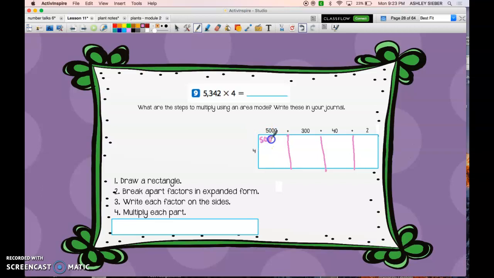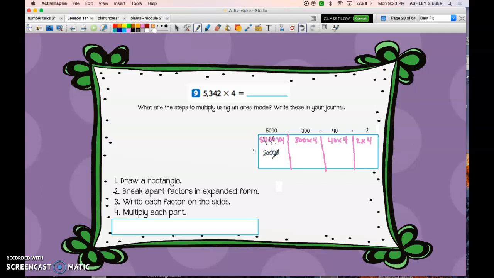5,000 times 4, 300 times 4, 40 times 4, and 2 times 4. There's my expressions. Now I'm going to actually go back and do the multiplication. Remember, I can mark out these zeros. 5 times 4 is 20. 1, 2, 3 zeros.